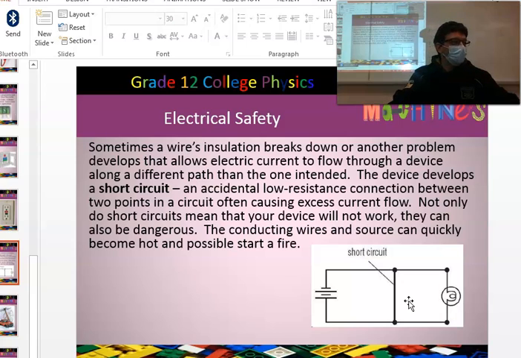It's possible in a complicated circuit, you accidentally give the electricity a path it can take that doesn't go through any loads. And if you give it that path, it will take it, because that will be the path of least resistance. Your light will not turn on, and you've created a short circuit, which leads to possible fires.